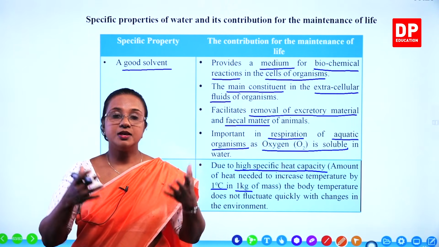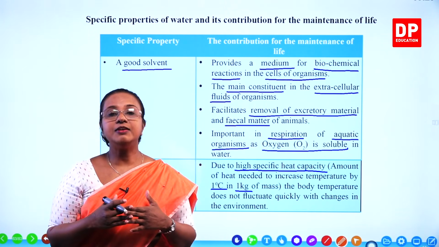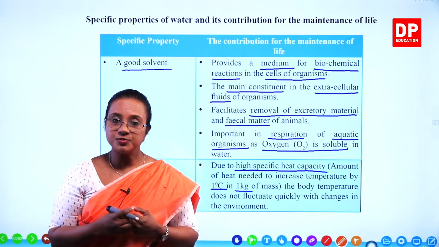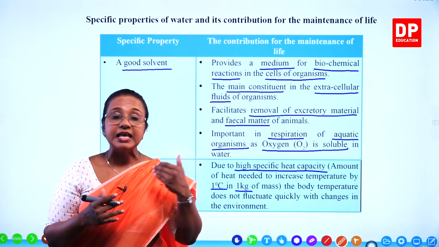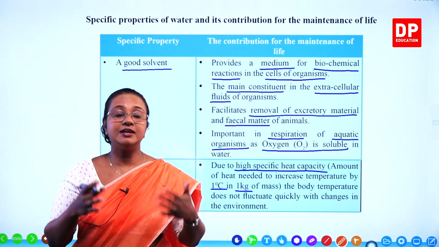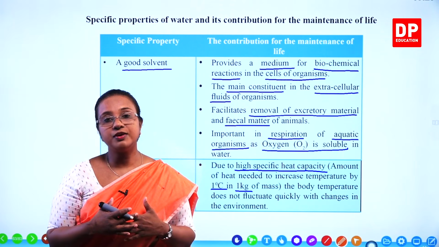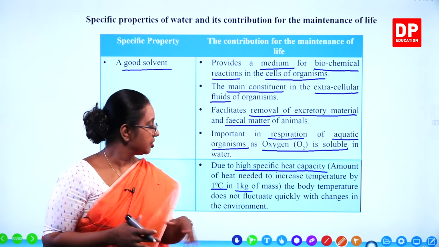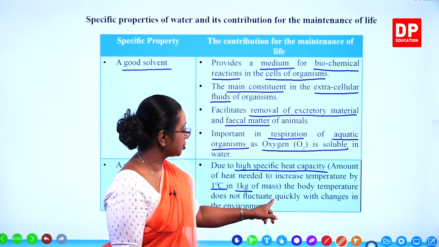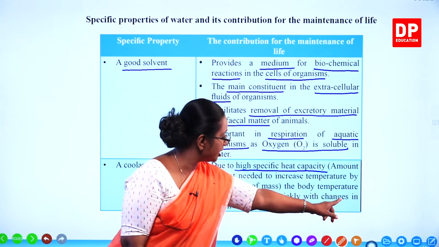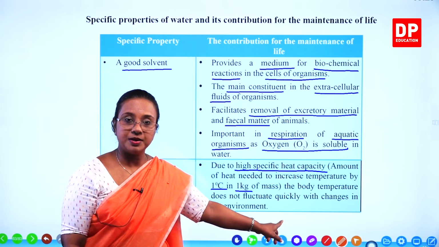So because water is inside the living body, it absorbs a lot of heat, it needs a lot of heat to become hot. It helps to maintain the body temperature of living organisms. So here you can see the body temperature does not fluctuate quickly with changes in the environment.